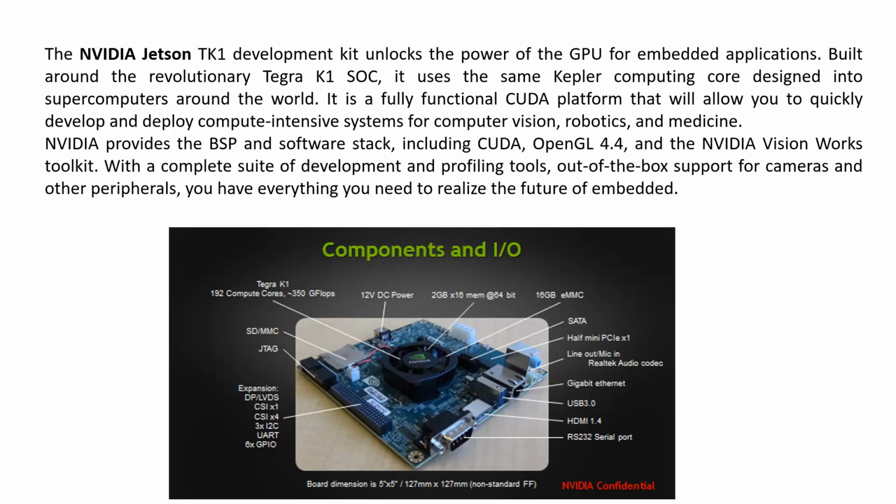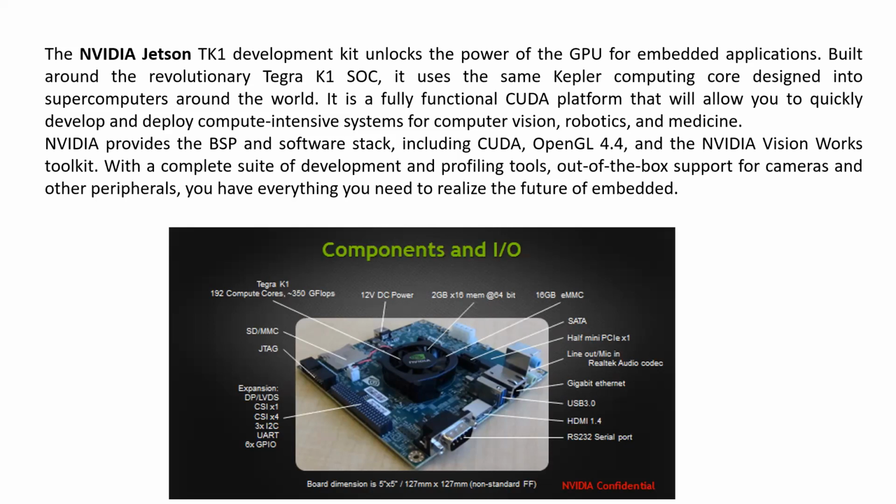Here the size is larger as compared to that, and even the shape is different. It is not of credit card size, it is a square shape, 127 mm by 127 mm, which is a non-standard form factor of a single board computer system. So this is again a specialty of this type of single board computer system.